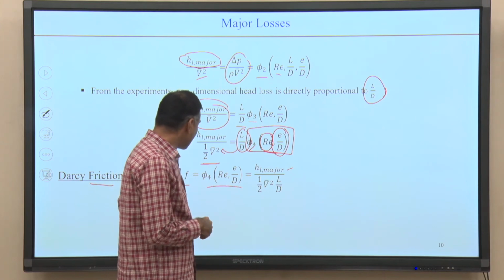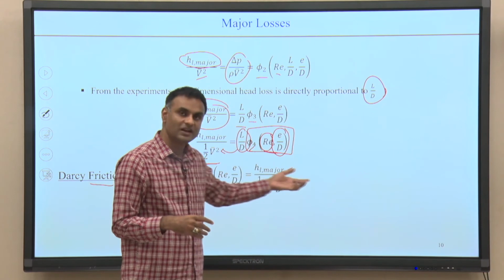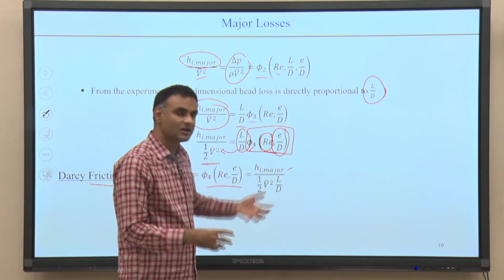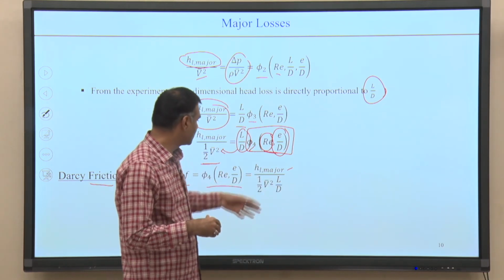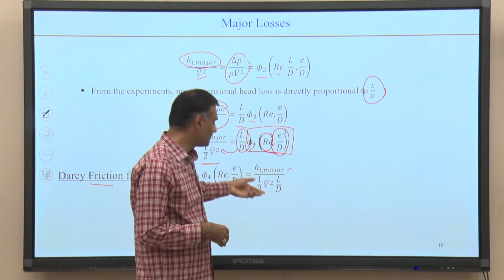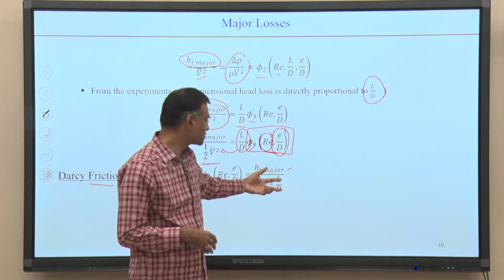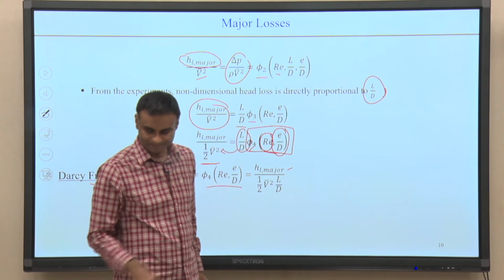So, we can represent the major losses in terms of Darcy friction factor, taking into account that Darcy friction factor is the ratio of H L major divided by half v bar square L by d.